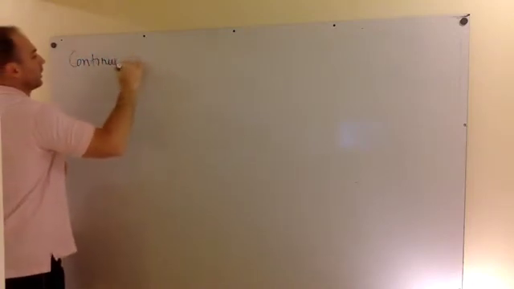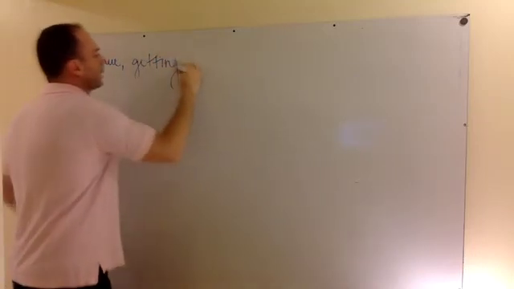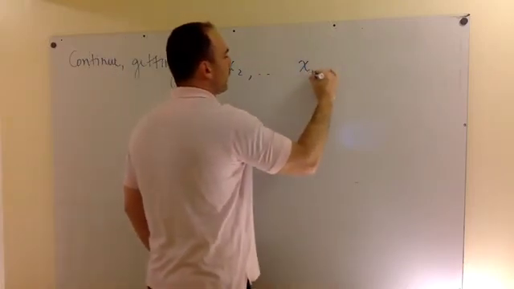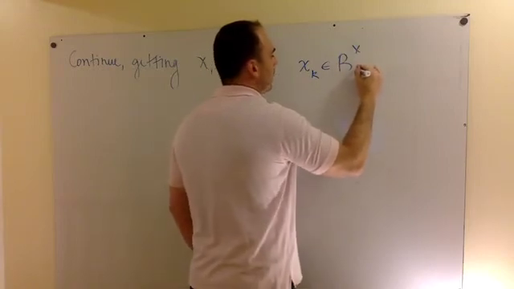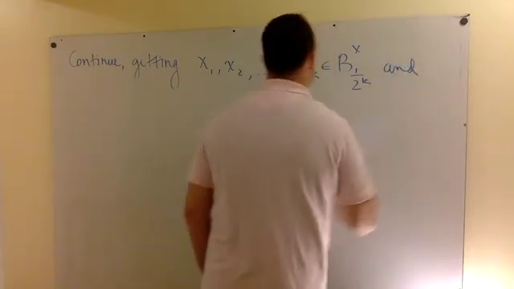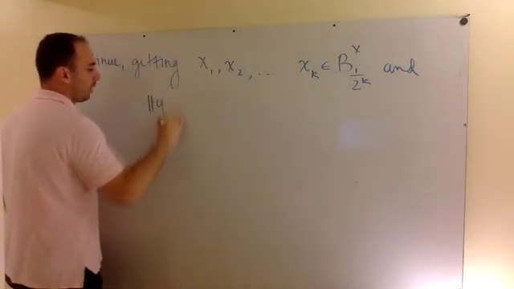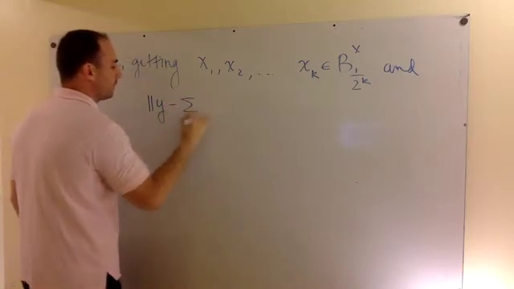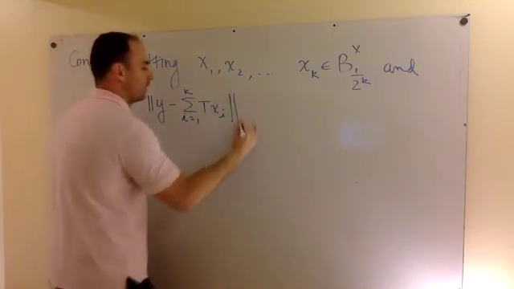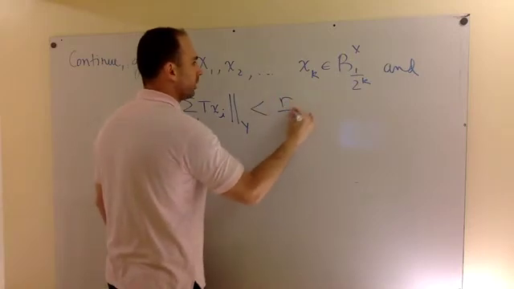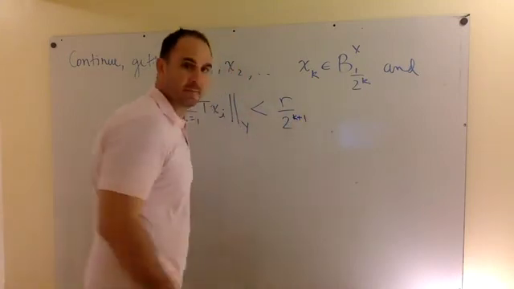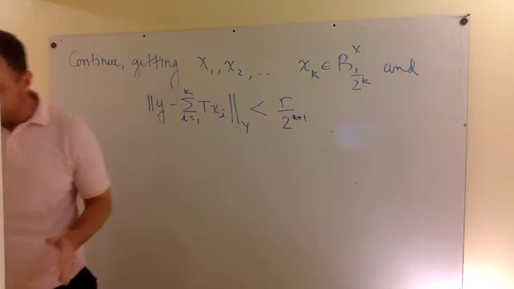Continue getting x1, x2, etc., where xk is in the ball of radius 1 over 2 to the k, and the norm of y minus the sum from i equals 1 to k of T xi, in Y, is less than r over 2 to the k plus 1. Okay. All right. Now, we're just about done.